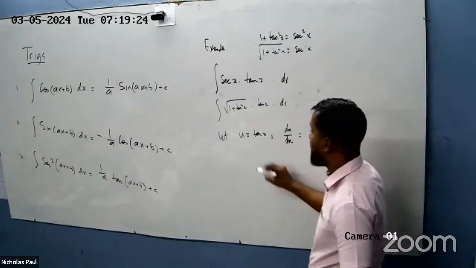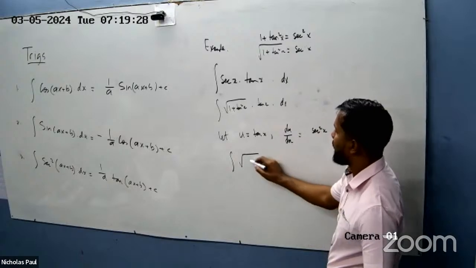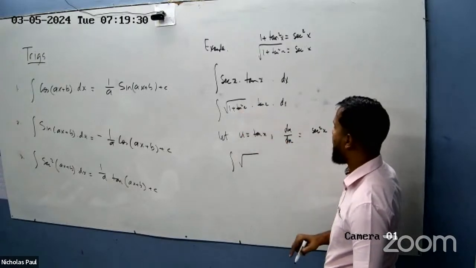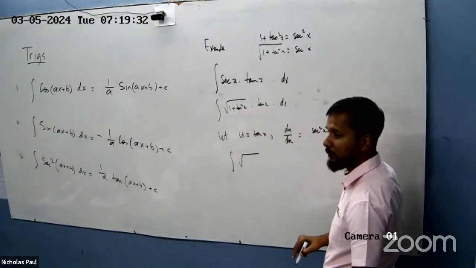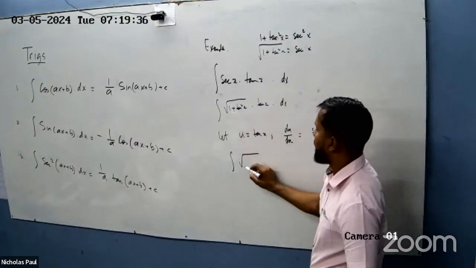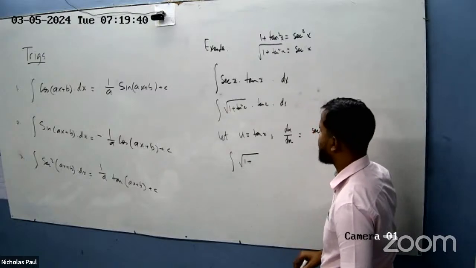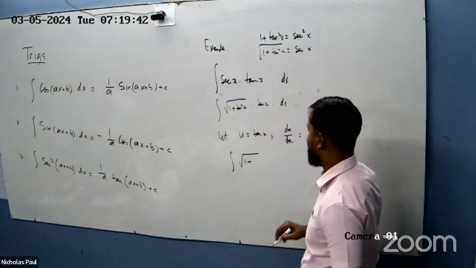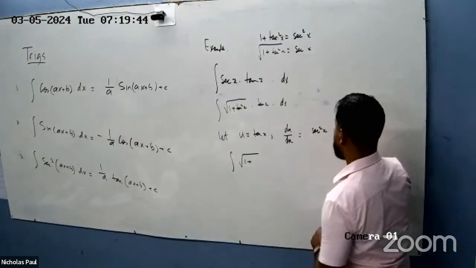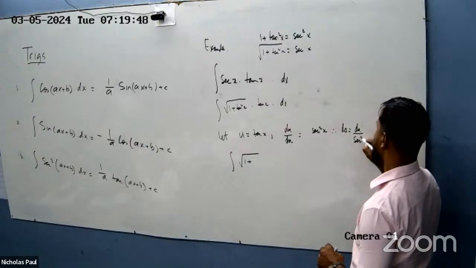Remember, 1 plus tan squared is sec squared. So dx is equal to du on sec squared.